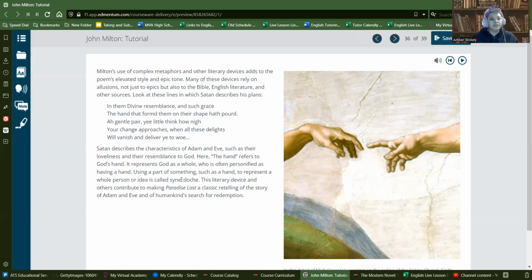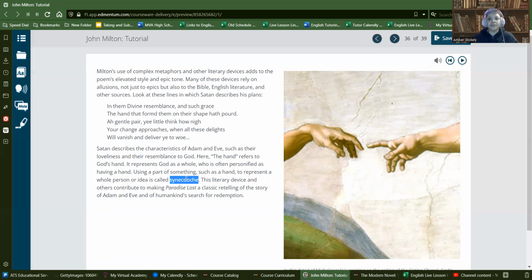Synecdoche is listed here. Here's the spelling. Synecdoche is when you use a part of something like a hand to represent the whole thing, like a person. He's referencing God's hand, but he's using God's hand to represent the idea overall.